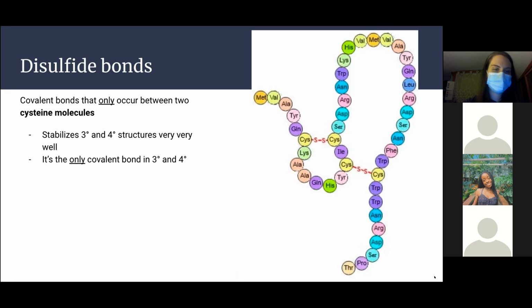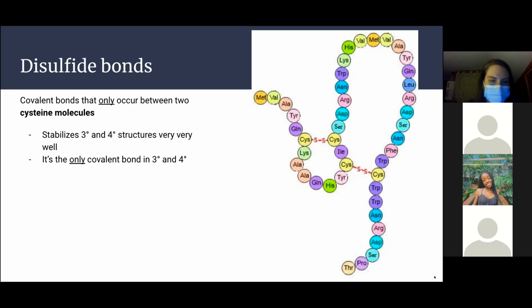All the other ones we talked about, your electrostatic, ionic, van der Waals, and all that, are non-covalent. The important thing is that covalent bonds are a lot stronger than non-covalent ones. So, thinking about structure-function, you're going to find disulfide bonds in proteins that need to be rigid, that need to be firm, that don't change shape that often, that don't need to be that versatile.